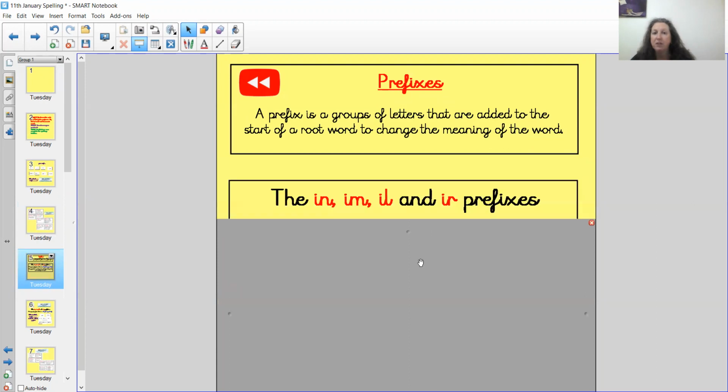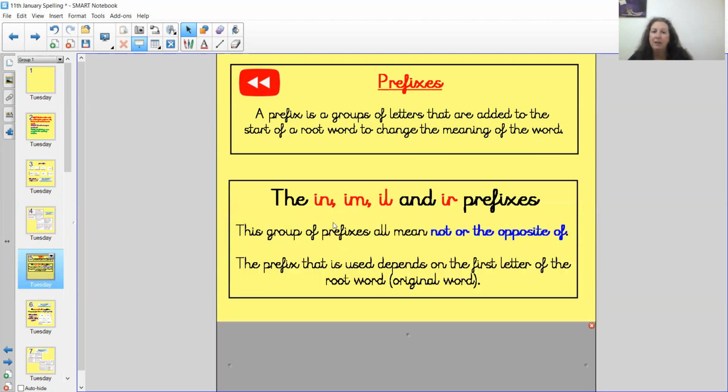Those prefixes, in, im, il and ir, are a group of prefixes that all mean not or the opposite of. So the prefix that we use depends on the first letter of the root word.